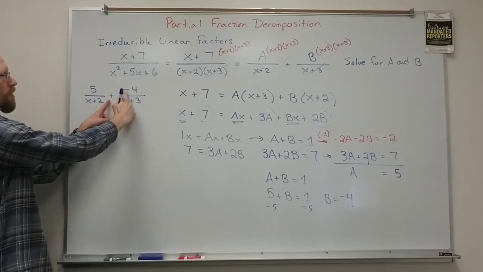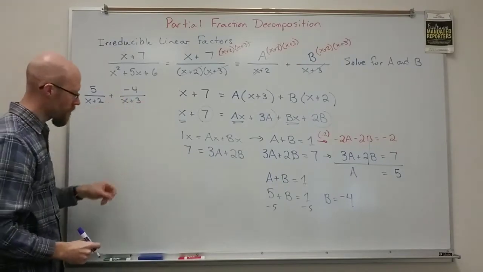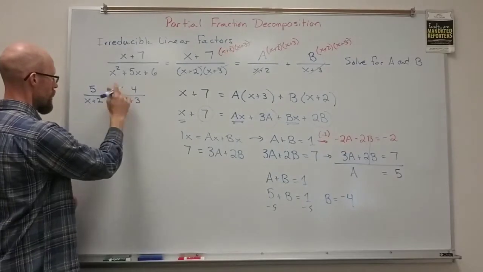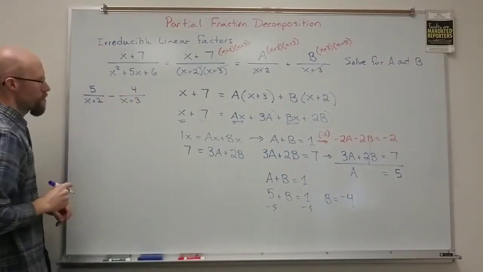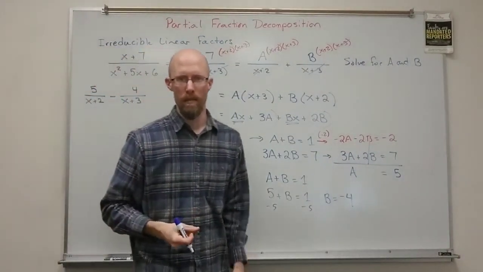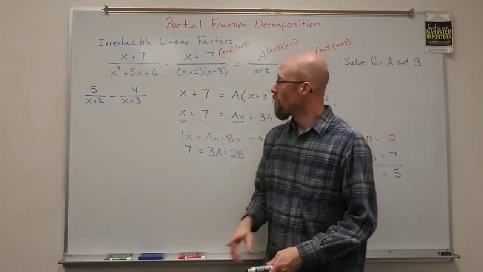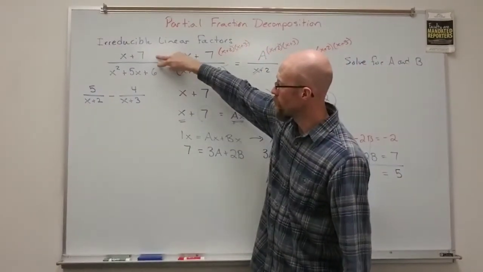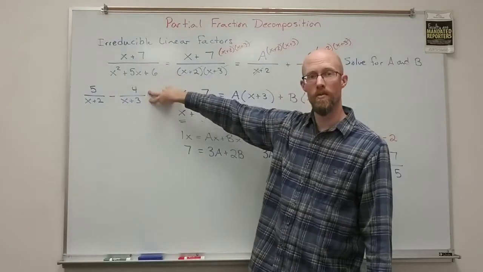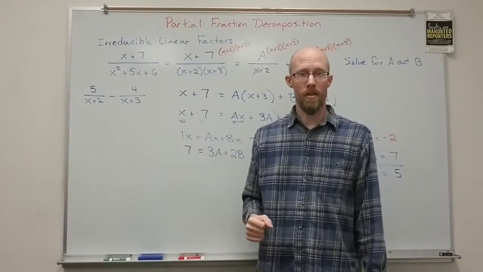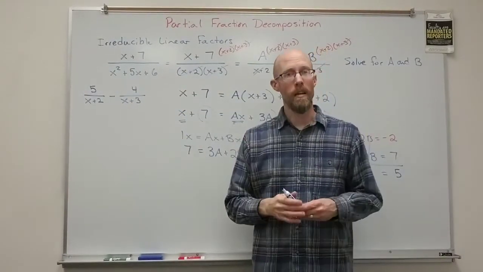Now it's not really convenient to use plus and negative, so usually we'll just write that as a minus. Okay, but plus and negative is the same thing. So in theory, my original fraction breaks up into this one. Decomposes, I should say.